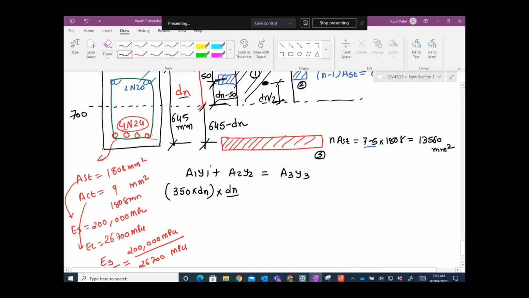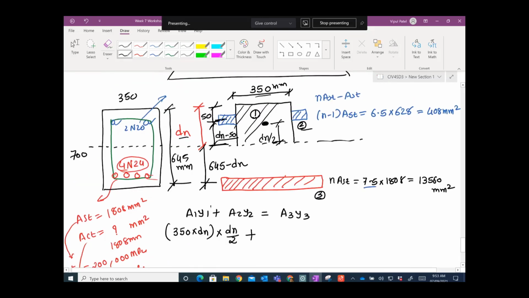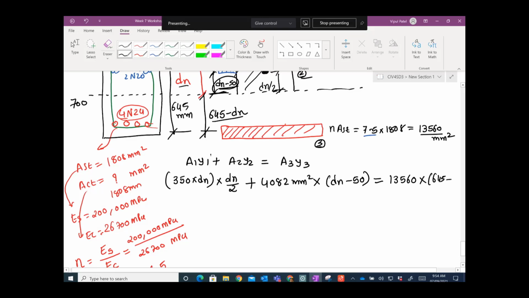So you have dn divided by 2, plus the second zone, whose area is 4082. So 4082 millimeter square times this distance, dn minus 50, is equal to area 3, 13560, times 645 minus dn, right? So that's the whole scenario: A1Y1, A2Y2, A3Y3. I hope you understand that.